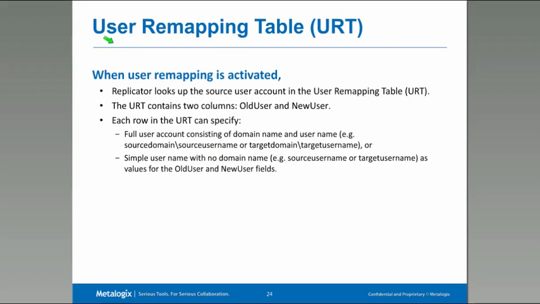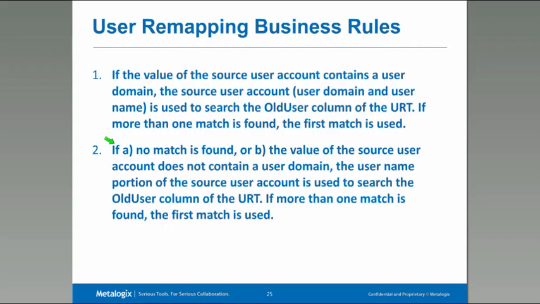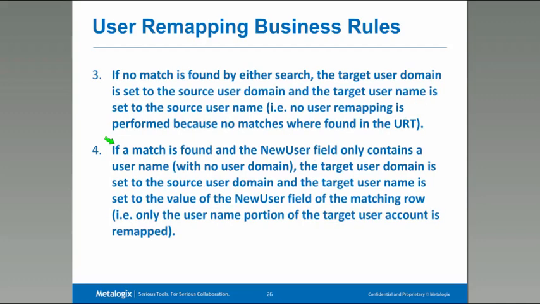The user remapping table is a simple XML file that specifies what the source domain and source username is, and then what the target domain and target username is. So it knows, whenever it gets to the destination, that we're looking for this user if this is the original user. Simple enough. And the format of the file is very straightforward.